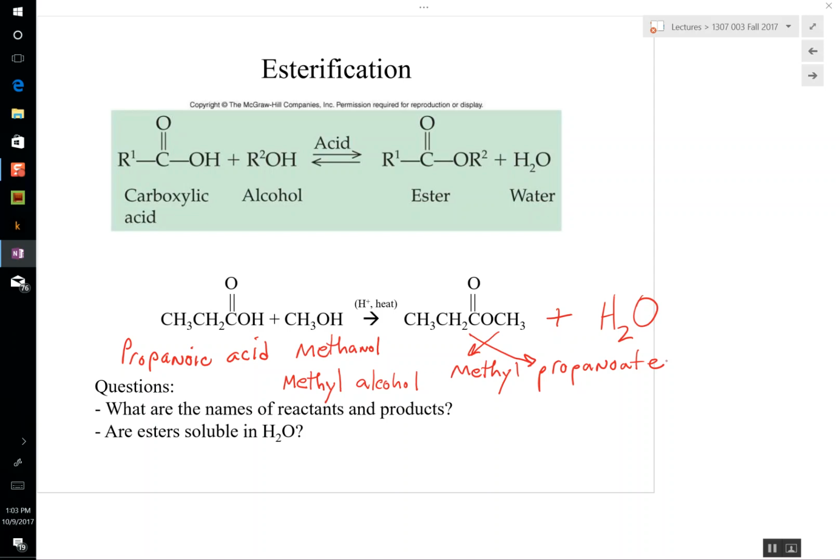So ask yourself, what would I call that? If that were a carboxylic acid, I would call it propanoic acid. It doesn't have the hydrogen, so it's propanoate. What does it have? It has a methyl there. Methyl propanoate. All right, we'll do 5 or 6 of these so that you can start feeling comfortable with how to name esters.